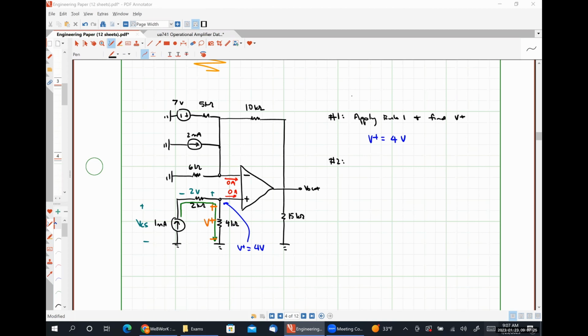So for step number 2, we apply rule 2 and, excuse me, not find V minus, because V minus is effectively given to us, and write a KCL equation at the inverting input node.